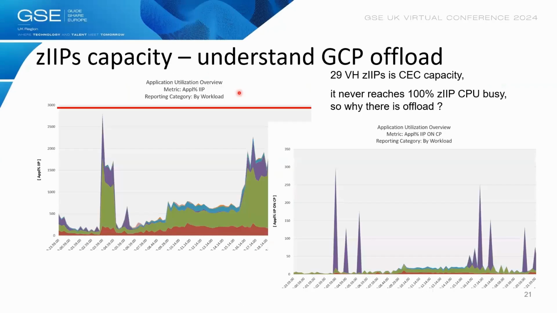That's why here those zIPs were 70% busy. 70% means that 70% of the time, the processor was busy at 100%. That's why we have this offload here, right? So this is the thing to remember. zIP busy utilization tells us nothing. We don't actually care about this one. What we care about is the money that we spend on general CP when we do the offload.